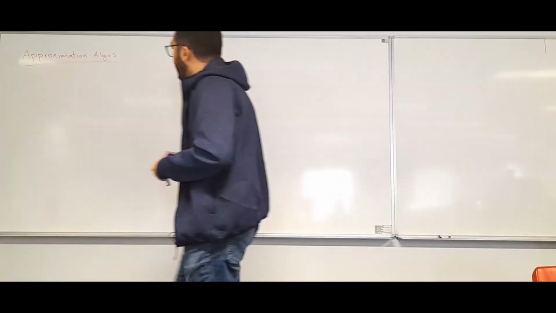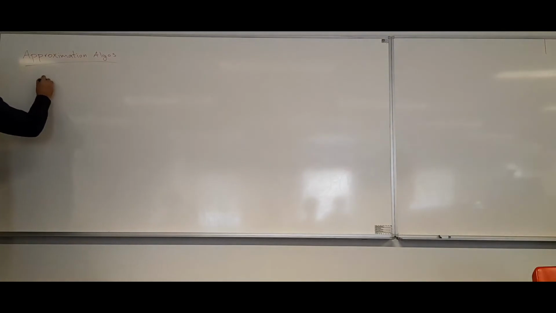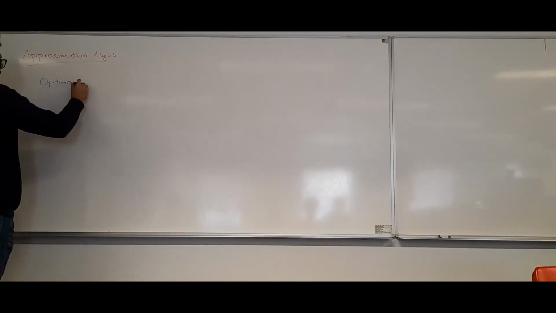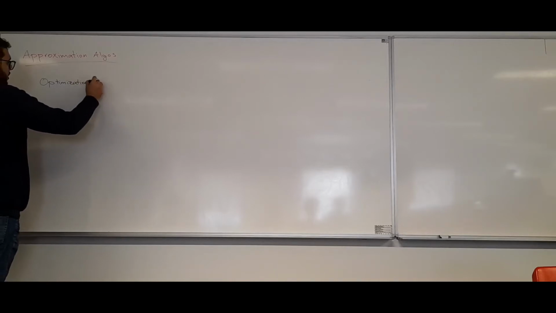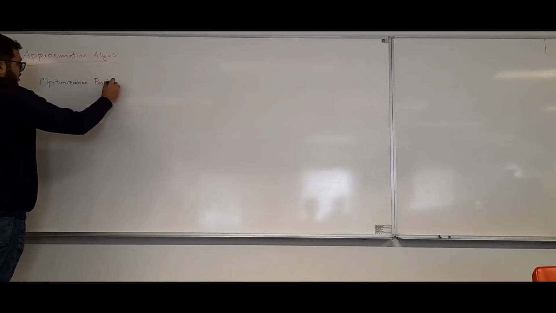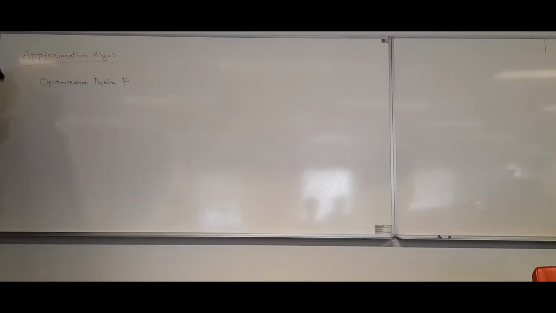So let's say I have some optimization problem, and let's call it P. Now, how can we formalize an optimization problem? When we had a decision problem, our input was just a string, and the answer was either 0 or 1.